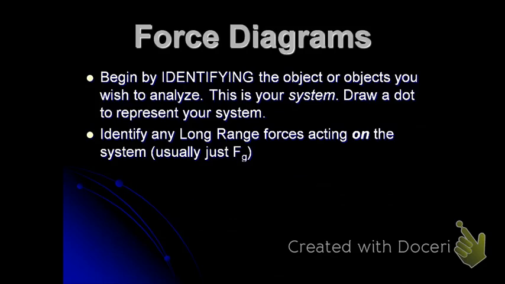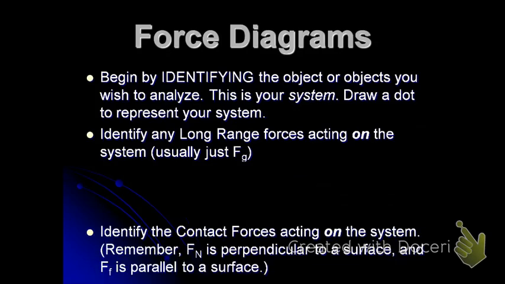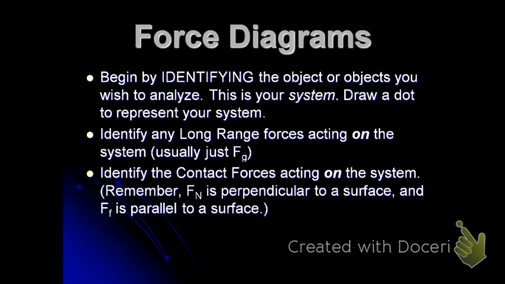I would then identify any long-range forces acting on the system, which for our purposes is going to be just the force of gravity. What direction is the force of gravity? Down. Always going to be that same direction. After we identify long-range forces, we then identify any contact forces acting on the system, remembering that normal force is perpendicular to a surface and friction is parallel to a surface.